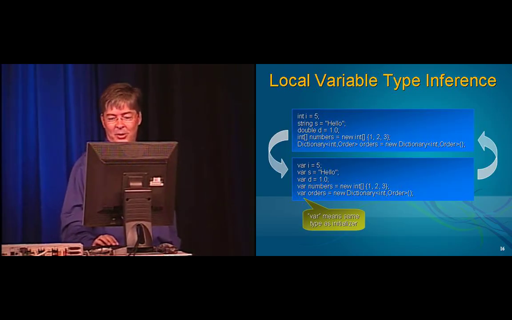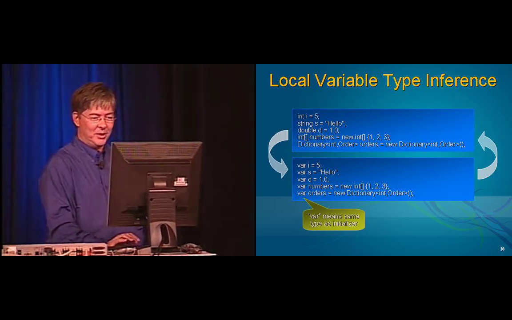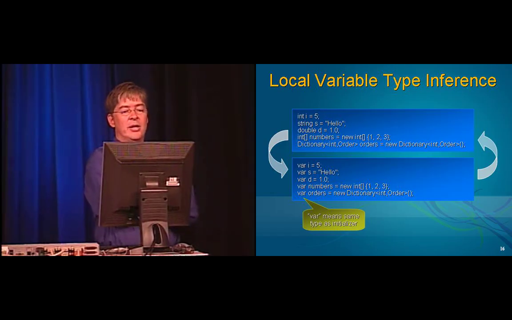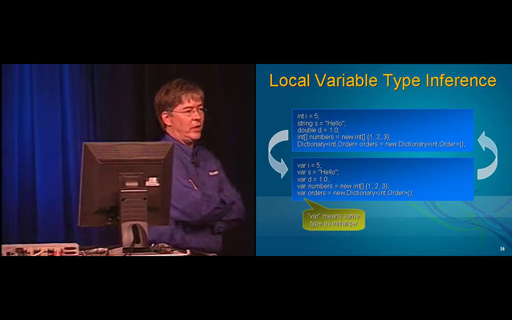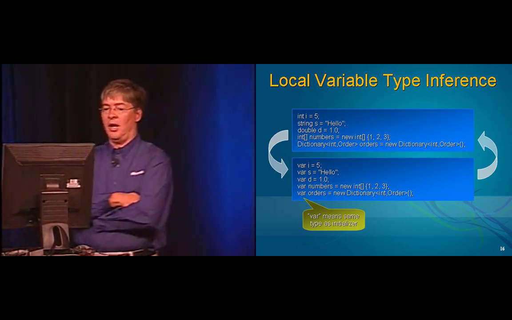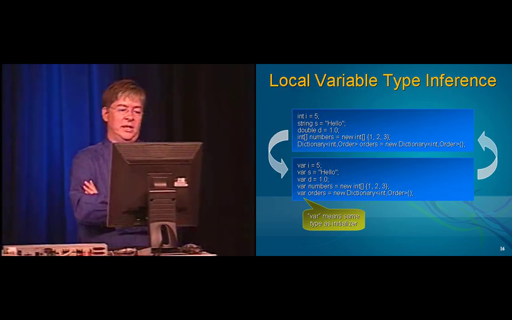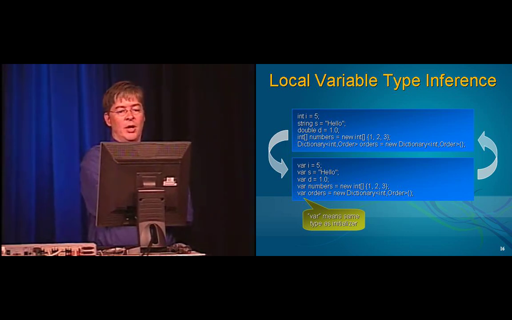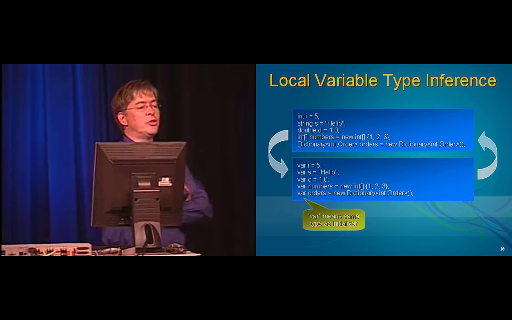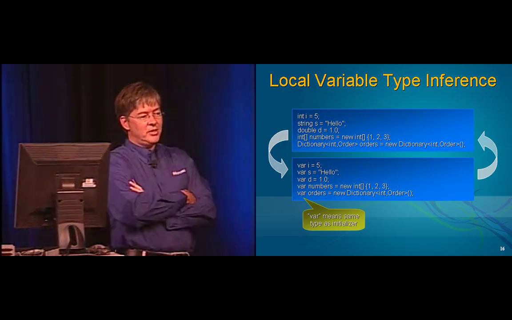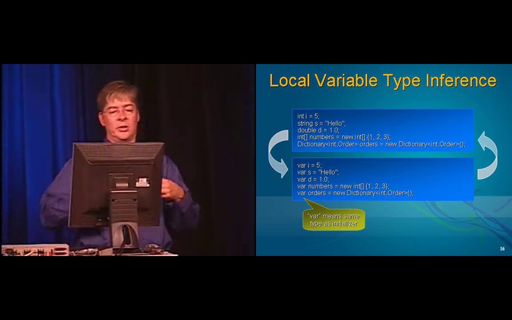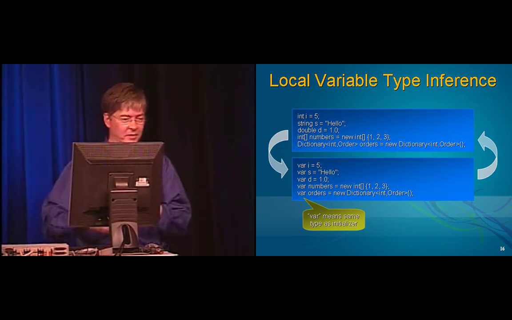Okay, so now here's the mystical local variable type inference. Here are some local variable declarations that I wrote: int i, string s, and whatever. This is all fairly simple stuff. One thing we observe is that as we get into constructed types and generics, sometimes it's a little painful to have to say dictionary of int, order, orders equals new dictionary of int, order.